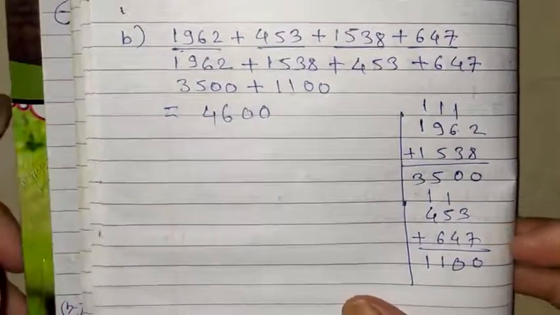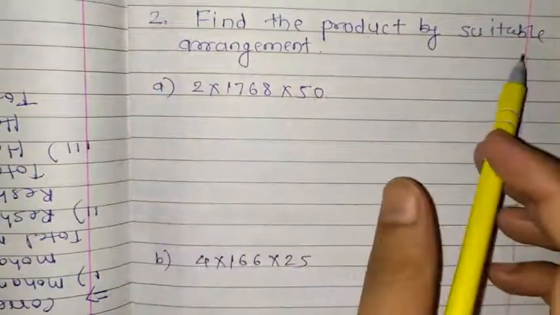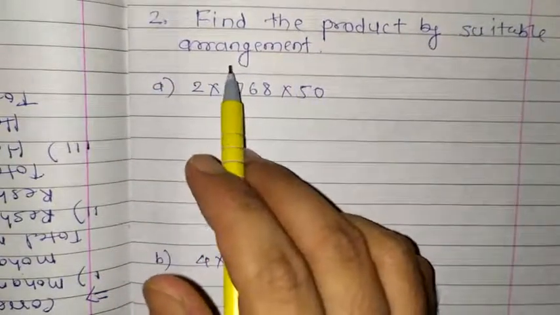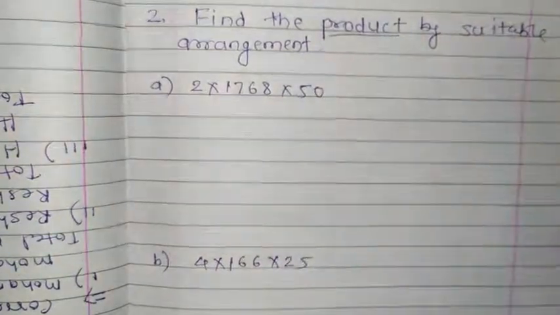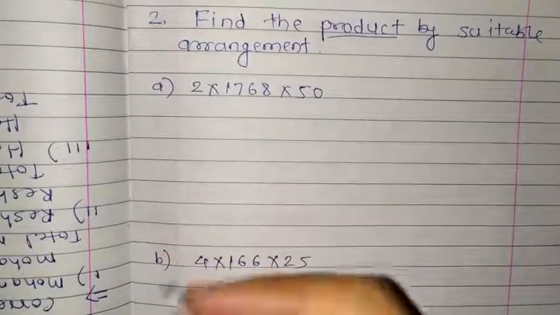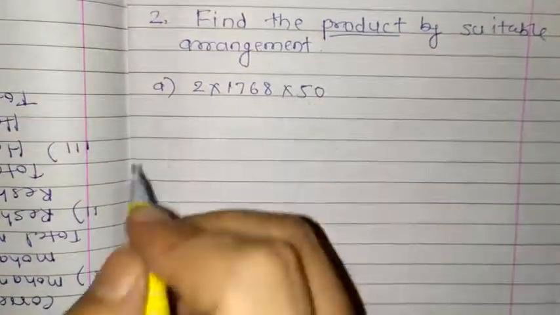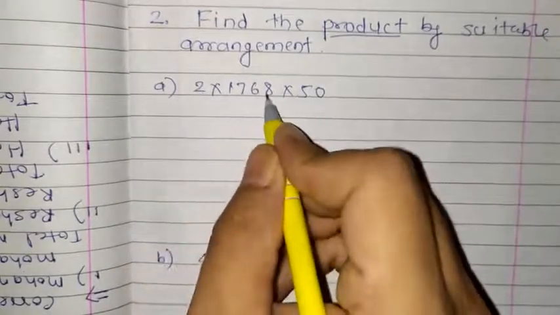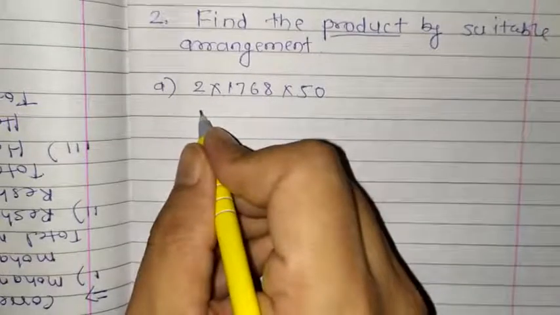Now going into the next question. So now I am in question number 2. Find the product by suitable arrangement. Whatever concept we used in question number 1 in the addition, the same concept we will use in the product. Means we will arrange the numbers so that our calculation will be easy. In question number A, 3 numbers are there. If you do 2 into 1768, it will take some time. So we arrange these numbers.